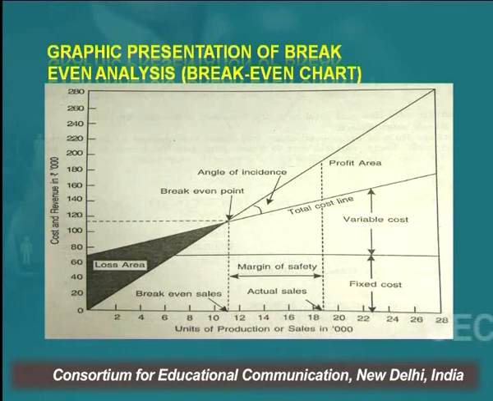If the angle of incidence is broad, it shows more and more profitability of the business, right? If the angle of incidence is narrow, it shows a lesser and lesser amount of profit for the business. So the broadness of the angle of incidence shows the profitability of the firm. The angle which you get after the break-even point, made of the cost line and the sales line, is called the angle of incidence.